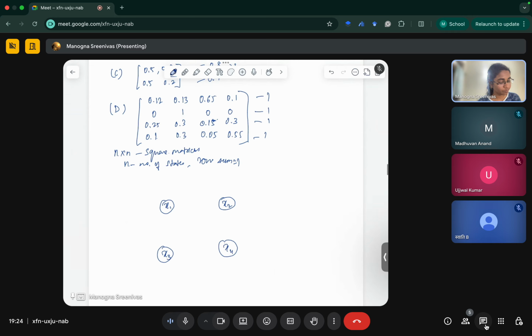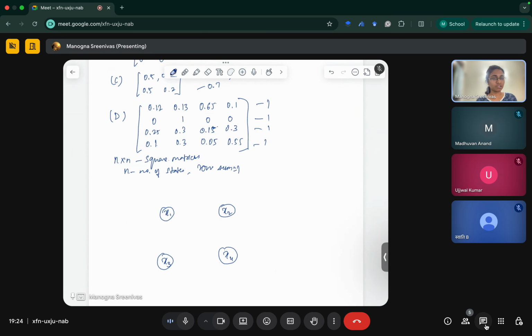There are 4 states. Now we know this represents a Markov chain. So can someone tell me what all x1 connects to from this matrix?